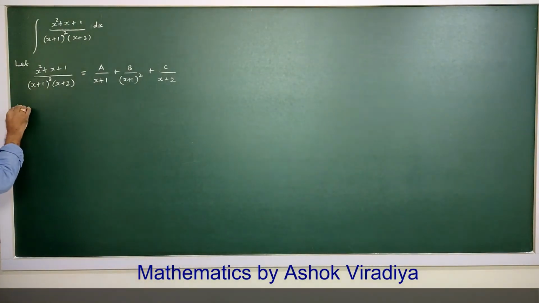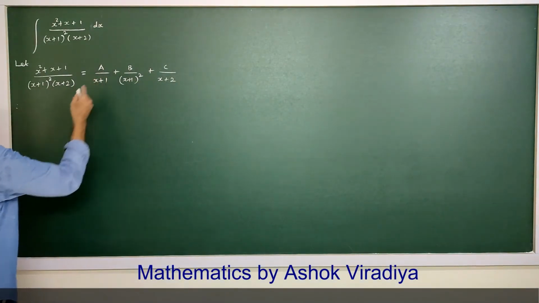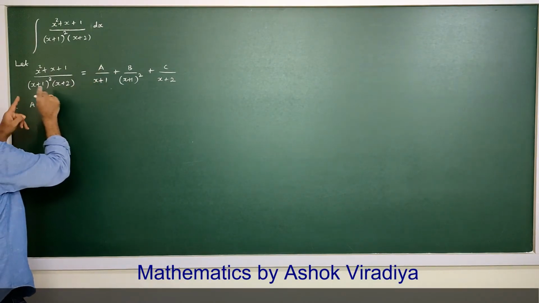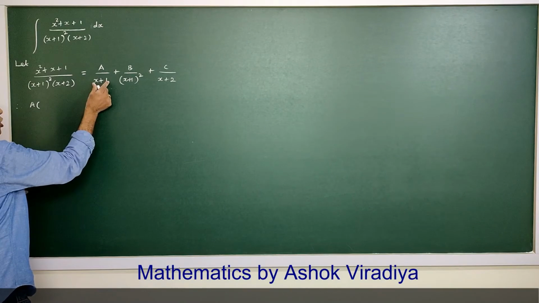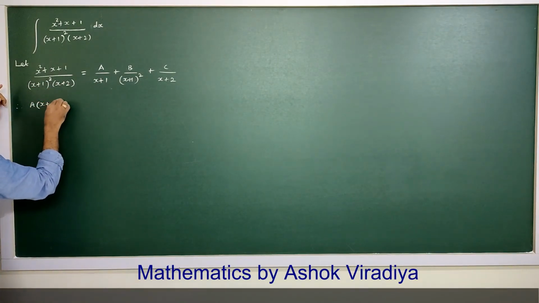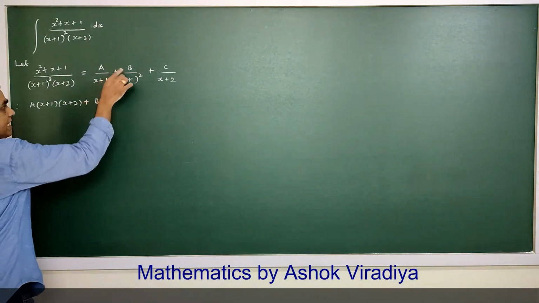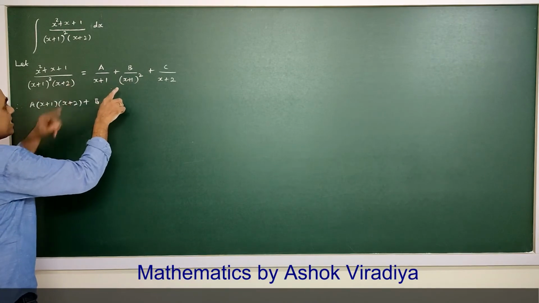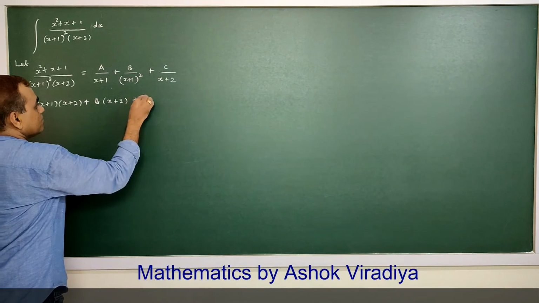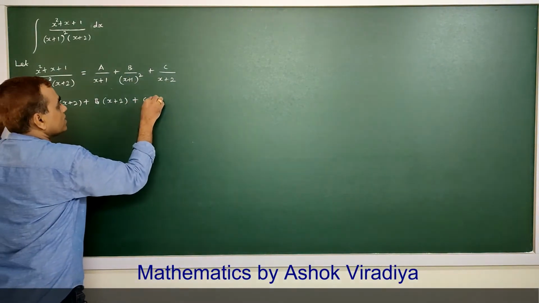So therefore now say this is LCM of these numbers. So from right hand side, a into, dividing LCM by this denominator, what is left? x plus 1 into x plus 2, plus b into, dividing LCM by x plus 1 whole square, this is left, plus c into, dividing, x plus 1 whole square.